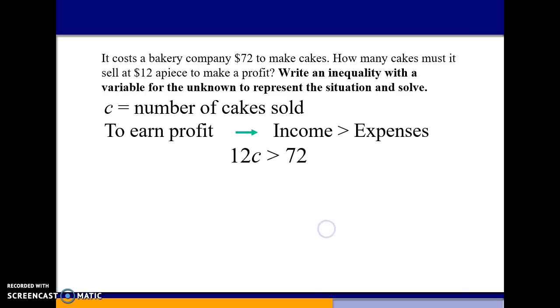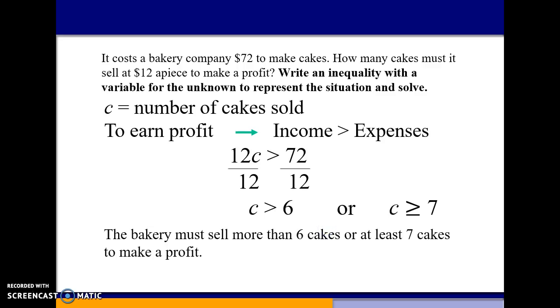So knowing that, 12 times the number of cakes sold has to be greater than 72, which is the expenses for the bakery. To solve this, we divide both sides by 12, and we have C greater than 6, or C is greater than or equal to 7, which means that the bakery must sell more than 6 cakes, or at least 7 cakes to make a profit.